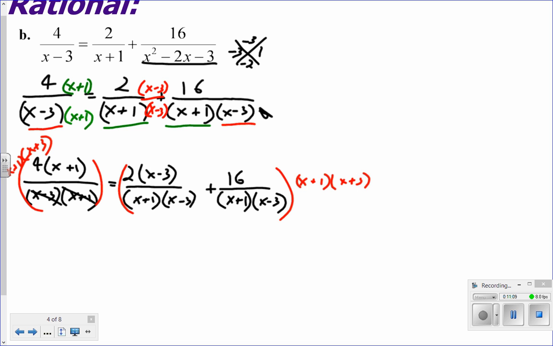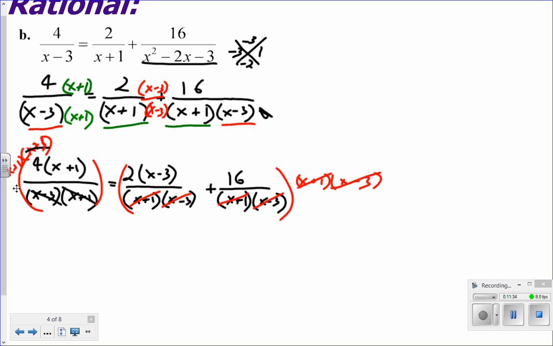This here, x minus 3, or I'm sorry, I think, see, it should be x minus 3 as I had on the denominators. These will cancel out. So what do I have in the x plus 1? Cancels out, and my denominators are gone.